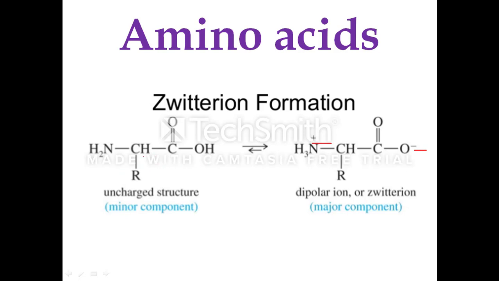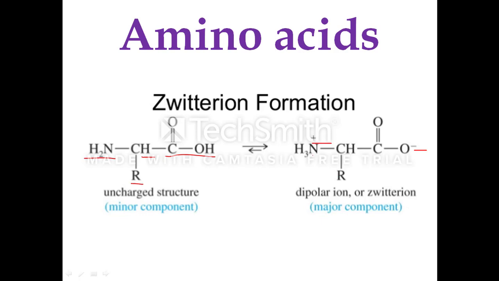Otherwise, it will have R, CH, COOH and NH2. So, this is the general structure of amino acid, where COOH is the carboxylic group, NH2 is the amino group, R is the side chain, H is the hydrogen atom. That is the general structure of amino acid.